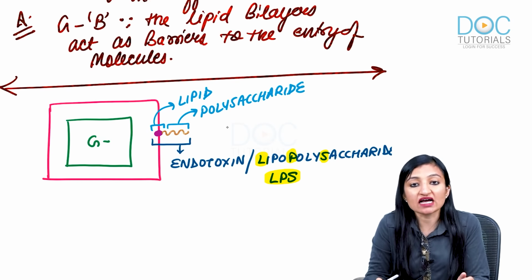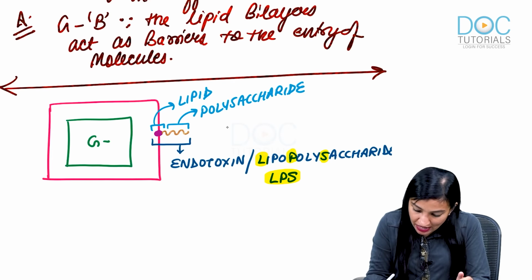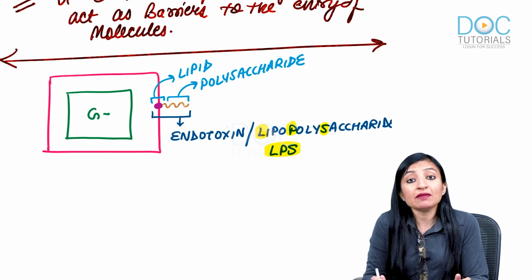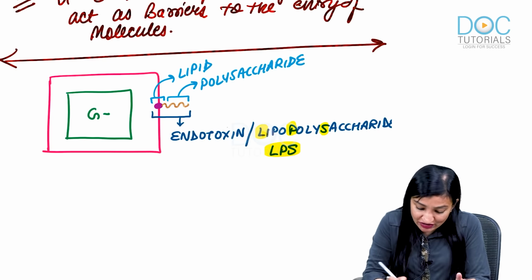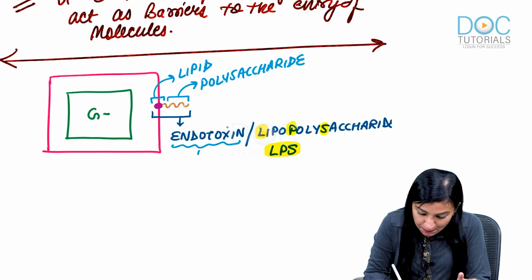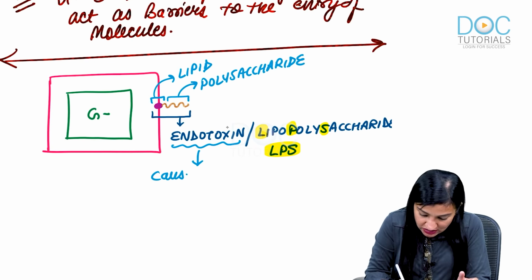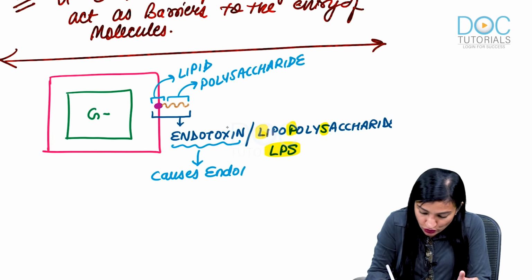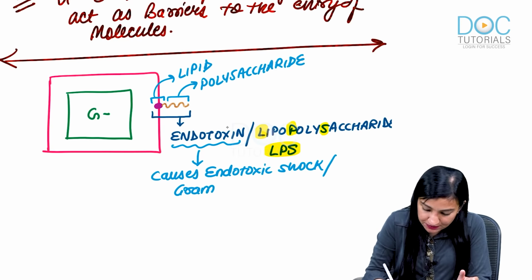Now, structurally LPS has lipid and polysaccharide, and why is it called endotoxin? Because this causes what is known as endotoxic shock, also referred to as gram-negative shock.